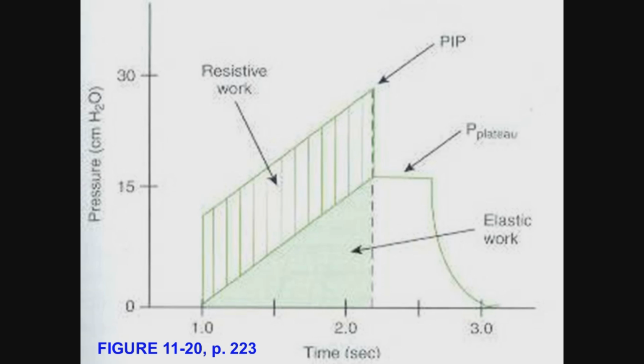You can see the peak inspiratory pressure rising, creating a plateau, demonstrating the difference between the two pressures. And we can say that part of that is resistance, part of it is compliance, or elastic, if you will. All right.